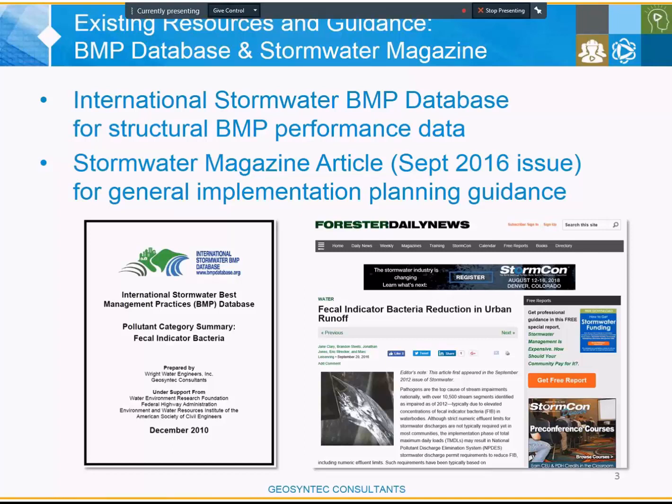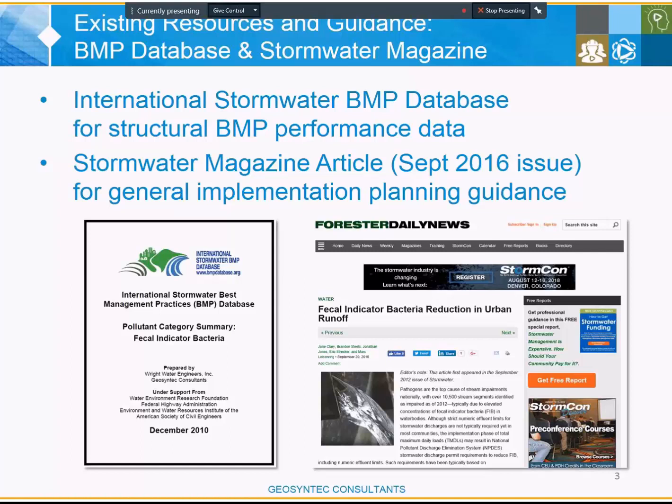And there are nice fact sheets there. I'm showing one of them here from December 2010, which we call a pollutant category summary, essentially a fact sheet on bacteria. It not only compiles all the bacteria performance data of structural BMPs, but it also has narrative discussions on sources of bacteria and non-structural BMP selection for bacteria control.